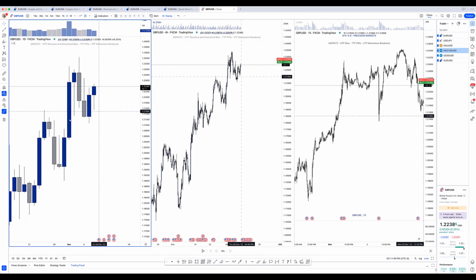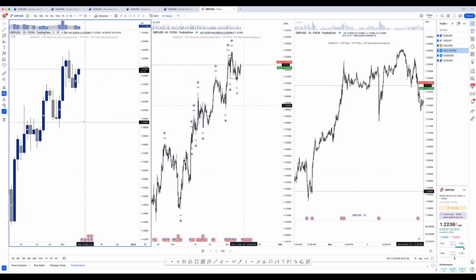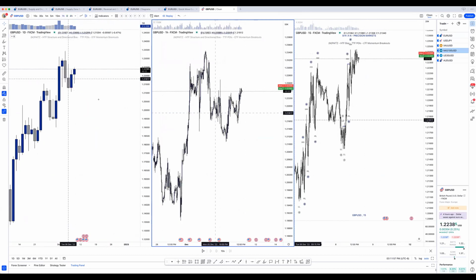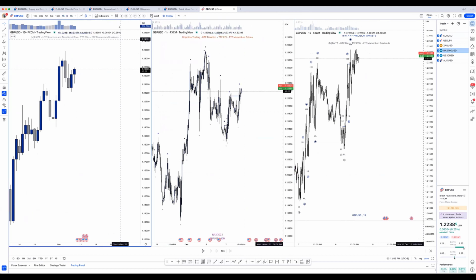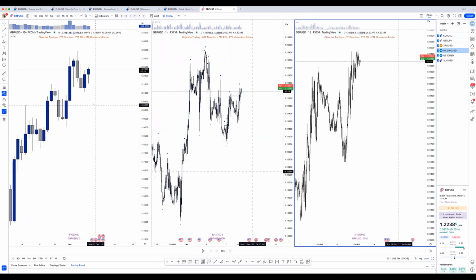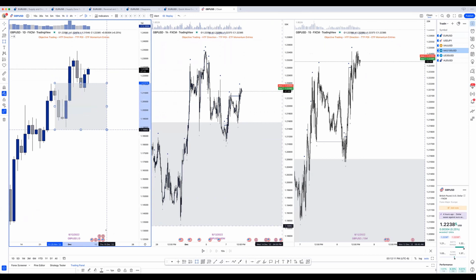So we'll go back to the trade that you had for today, right? Daily, 1 hour. I don't know why it's not doing what I want it to do. Fine, I'm going to do this then. All right, so it taps into our daily POI.